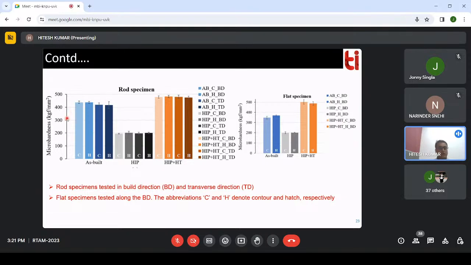The microhardness of the material is around 400, but after deformation it went down, and then after HIP plus heat treatment we are getting more hardness in comparison to the other one. So this also improves the hardness of our sample after heat treatment. These were observed in the different samples, where C and H basically mean the contour and the H direction.